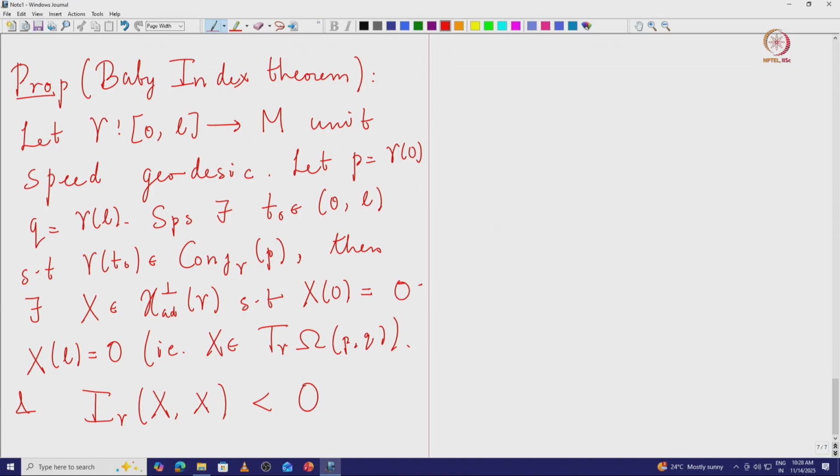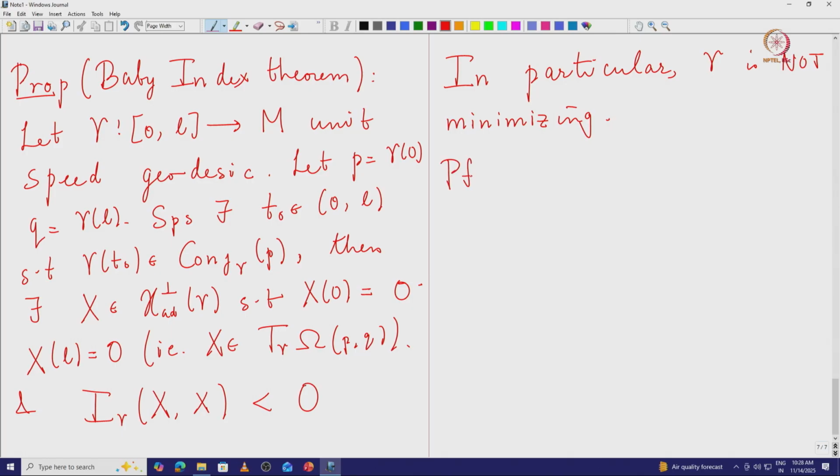Okay, so in particular, what this implies is that gamma is not minimizing. So as soon as you have an interior conjugate point, gamma cannot be minimizing.